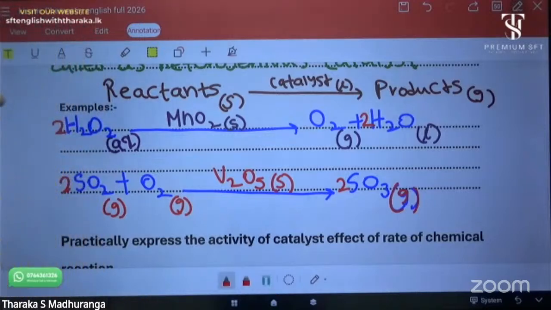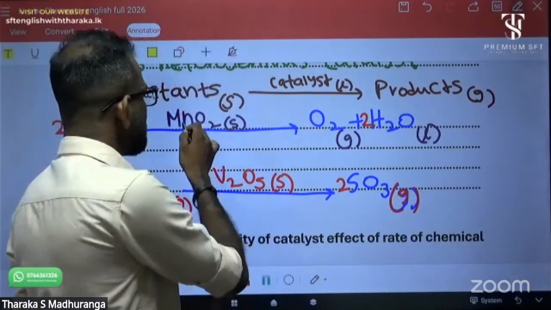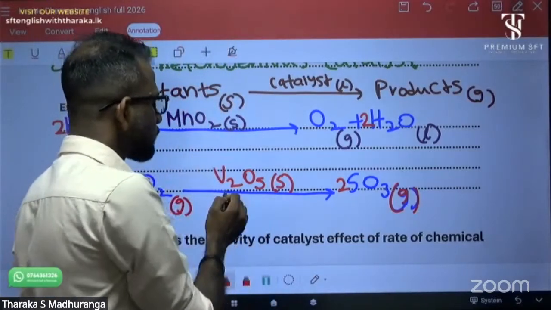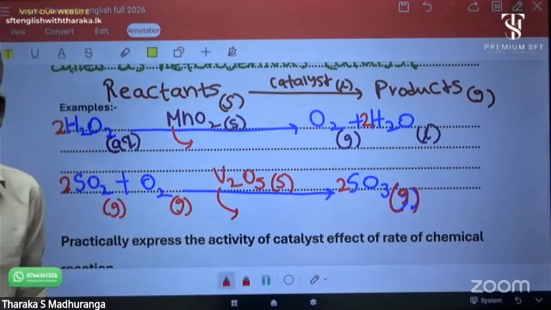Vanadium pentoxide. Write down names like this: manganese oxide, vanadium pentoxide. Both are solids. They are heterogeneous catalysts.